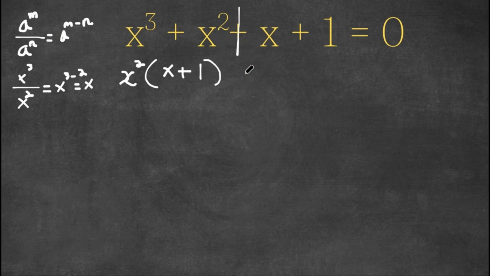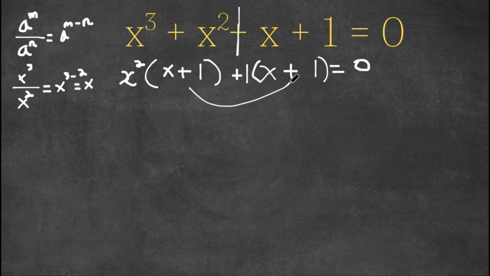And now on this side, we have plus, and as you can see, since we already have x plus 1 here, we don't need to do anything. This side can't be simplified. And this is equal to 0. So now this would actually give us two equations, because x plus 1 is x plus 1 times 1, right?